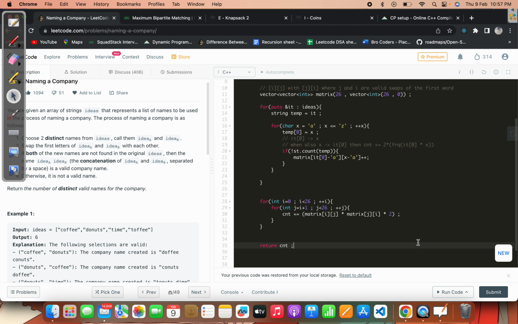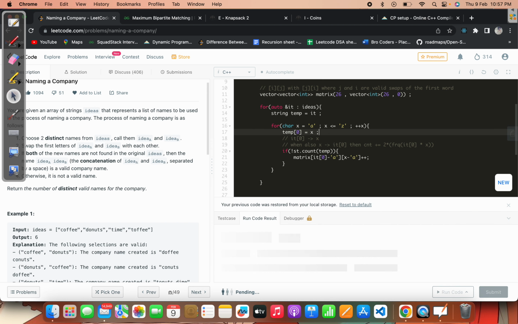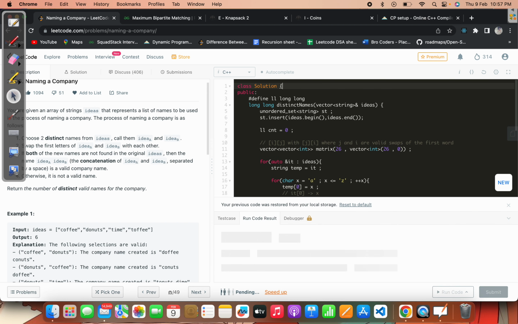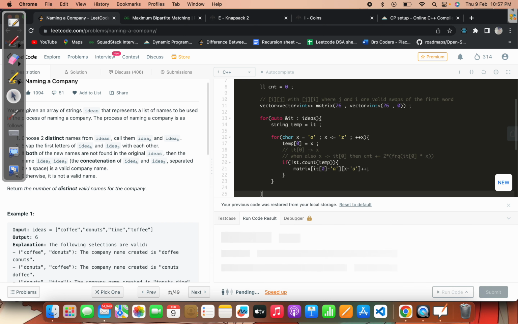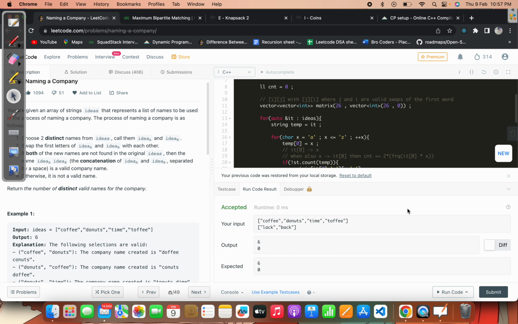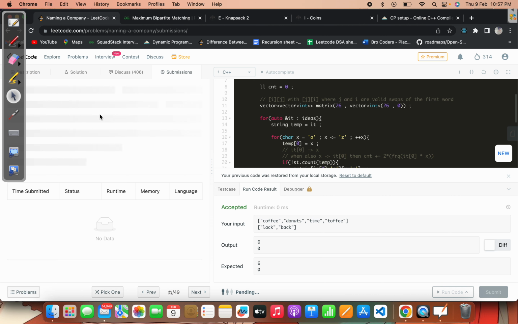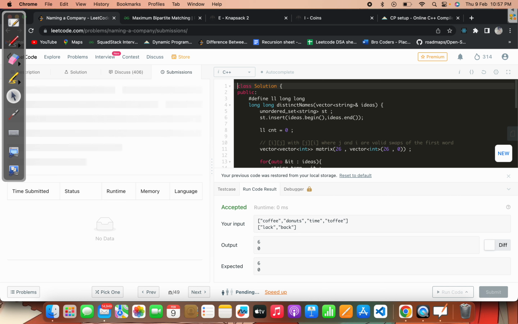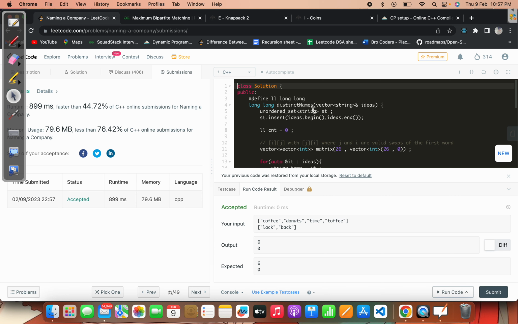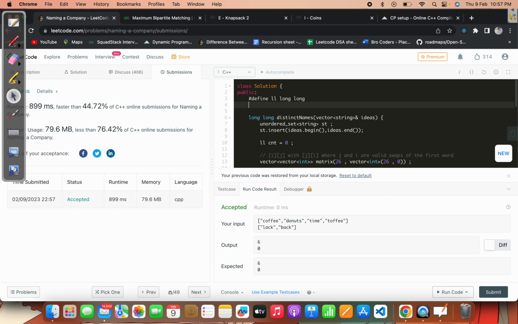So let's now check if it's working or not. I hope it will work. Okay, so now let's try for second test case. Okay, now let's start to submit this. Okay, it's working.